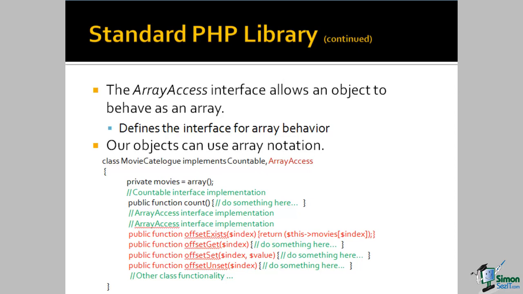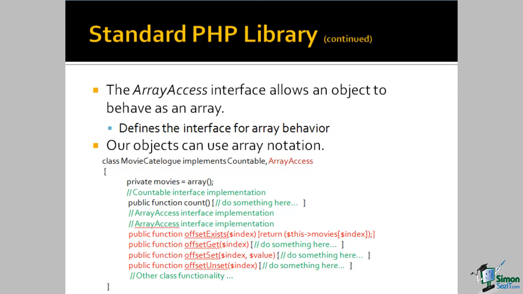This class is already implementing the countable interface, but this demonstrates how we can implement multiple interfaces simply by separating their names by commas. So we're implementing the countable and the array access interfaces. And we have the count function from the countable interface defined as we've seen previously.